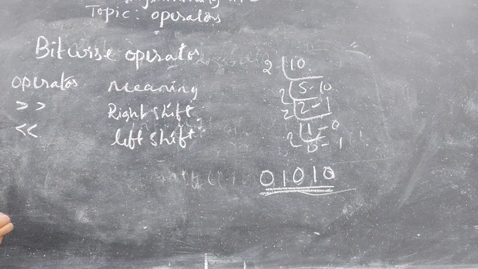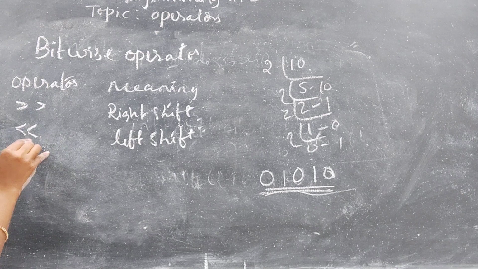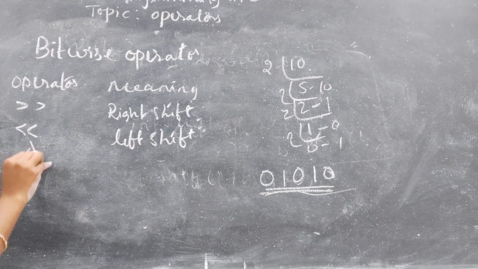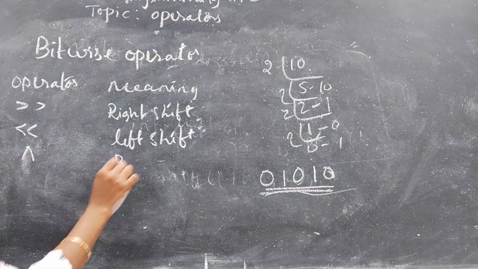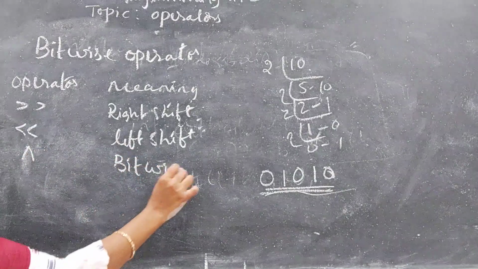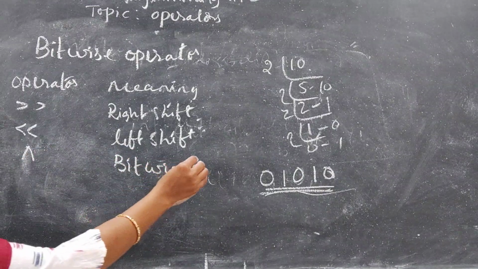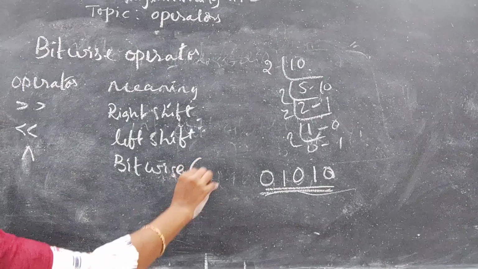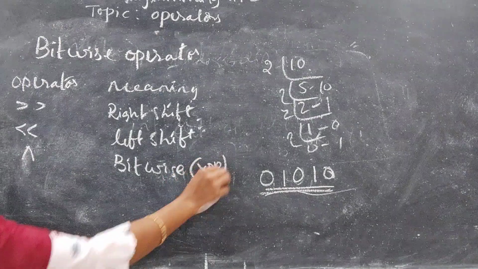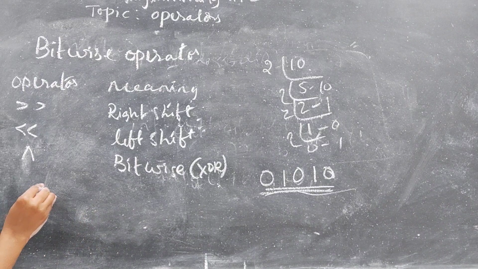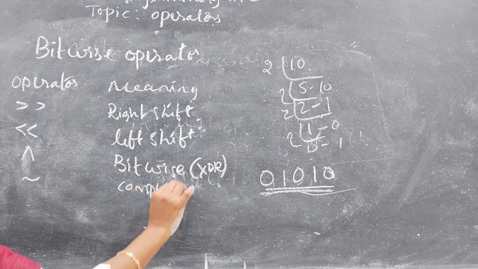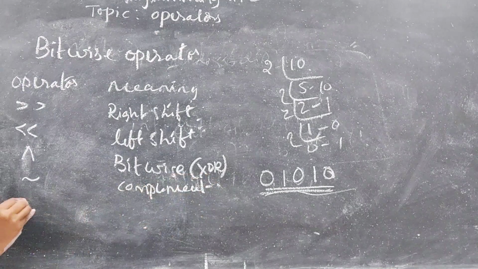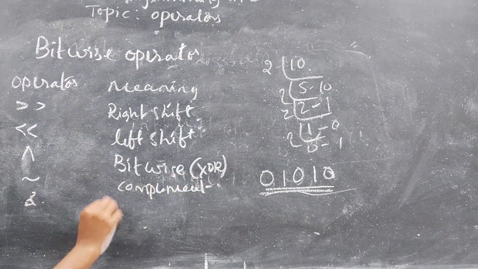Here you can note down the operators. It is right shift, left shift, bitwise OR, XOR, next bitwise complement, next bitwise AND.